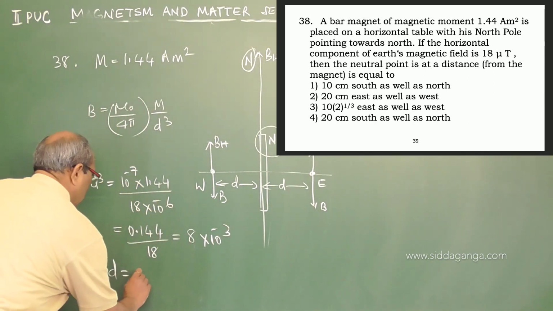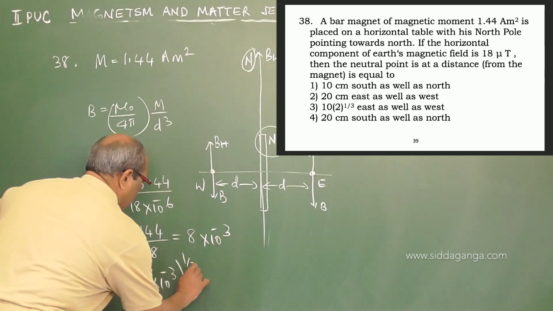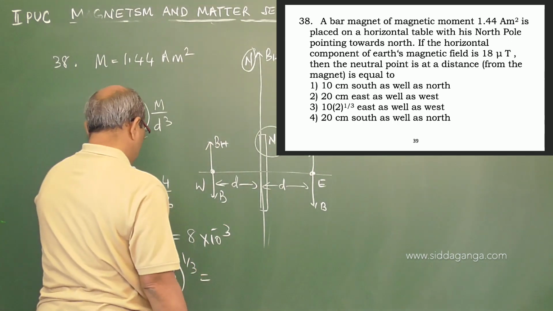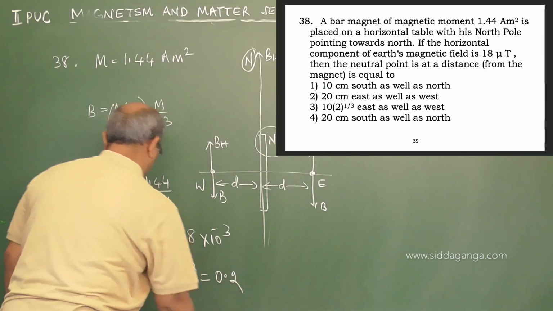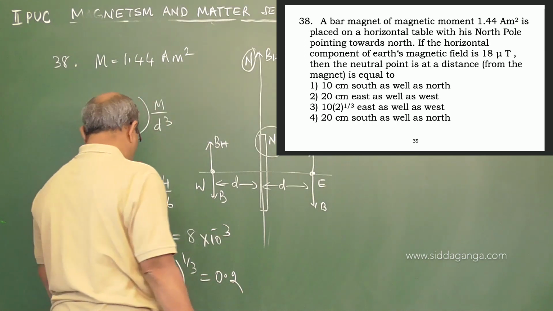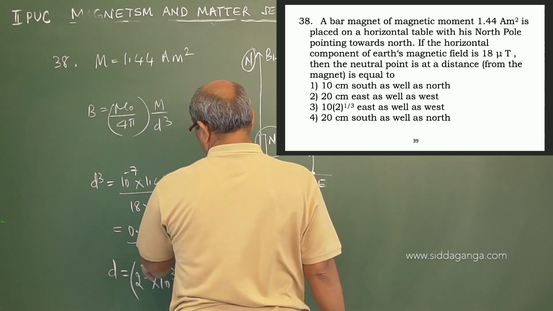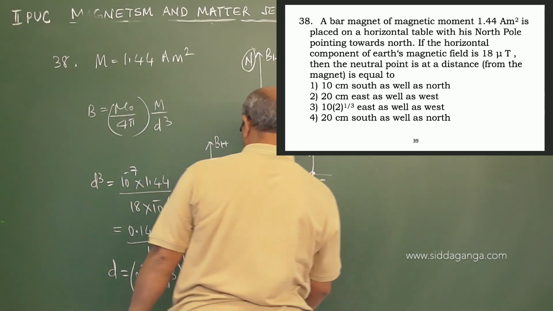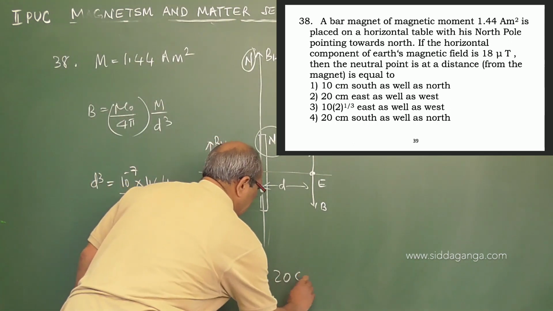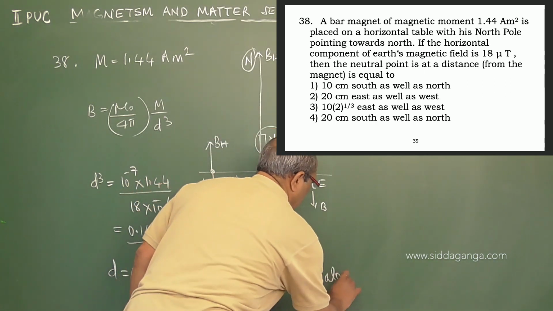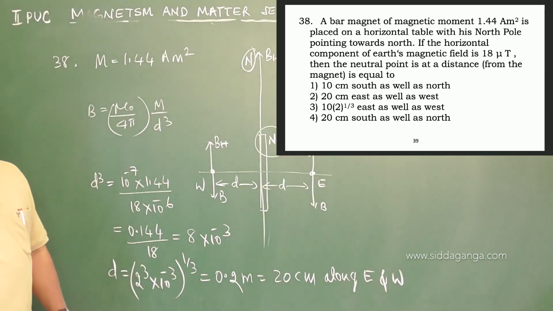So d equals 2 cube into 10 power minus 3, to the power of 1 by 3, which is 0.2 meter, or 20 centimeter, along east as well as west.